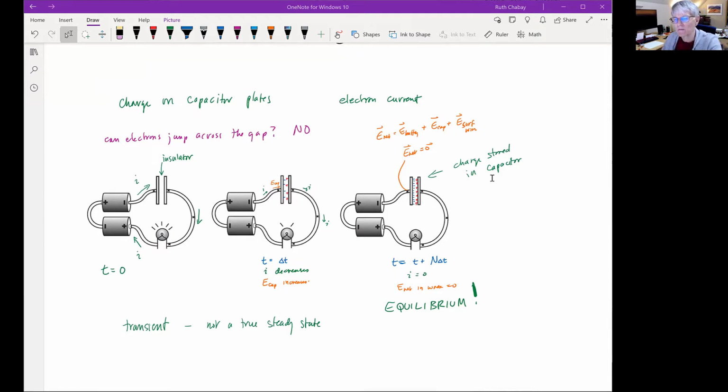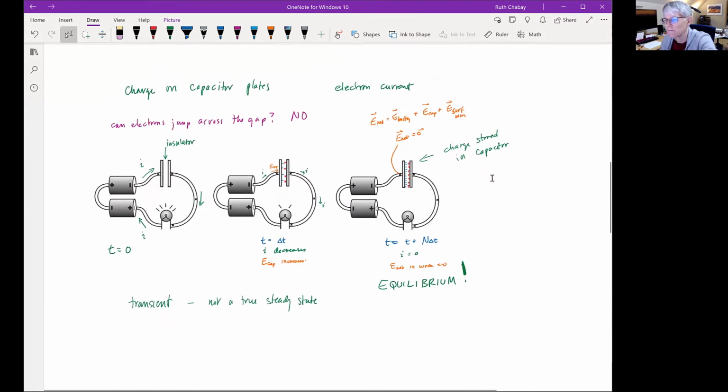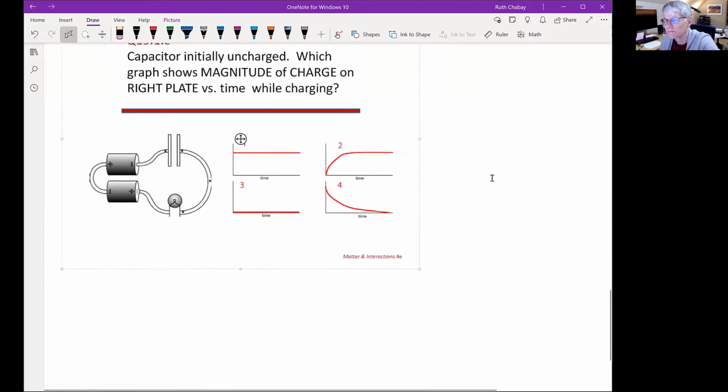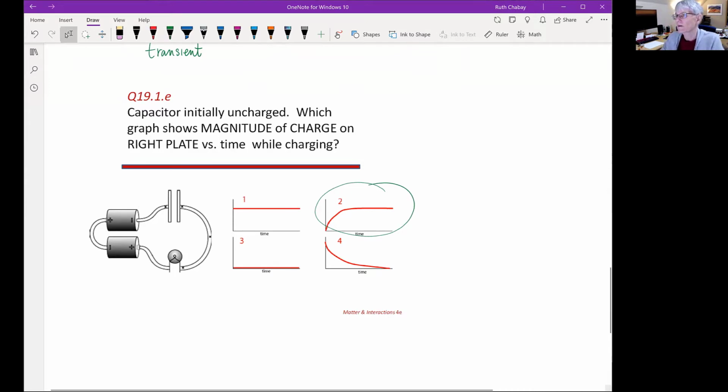The capacitor started out uncharged and then got some charge and then finally ended up with a lot of charge. So in fact, the only graph that looks like that is graph 2.